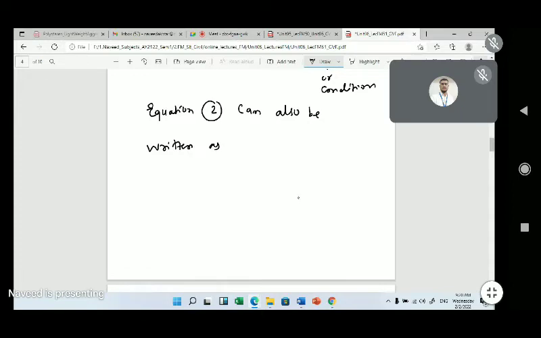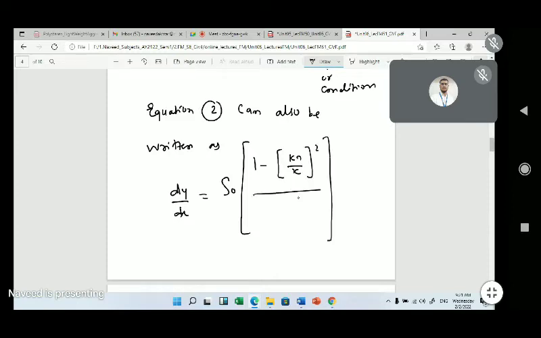So it can be written as dy by dx is equal to S0 times (1 minus (Kn upon K) whole square) divided by (1 minus (Zc upon Z) whole square). Z square is A cube upon T, and (Zc upon Z) square is Q square T upon G A cube.